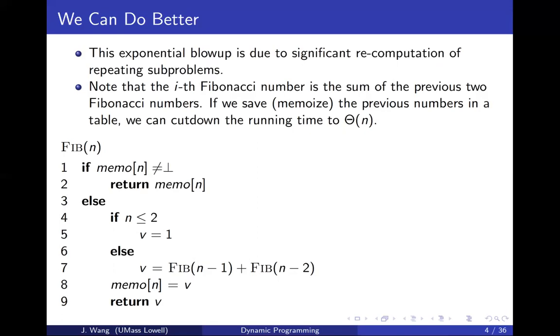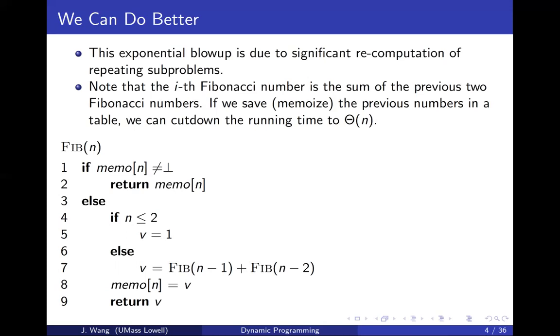So the way we want to do it is to use a storage to remember what we have computed. So for a subproblem, we only need to compute it once, right?